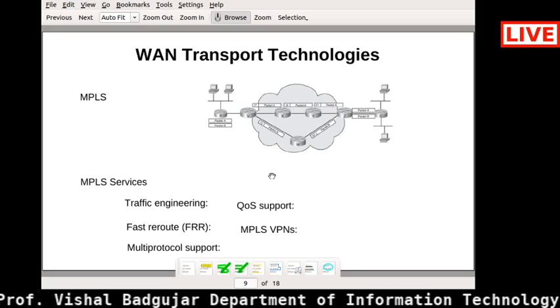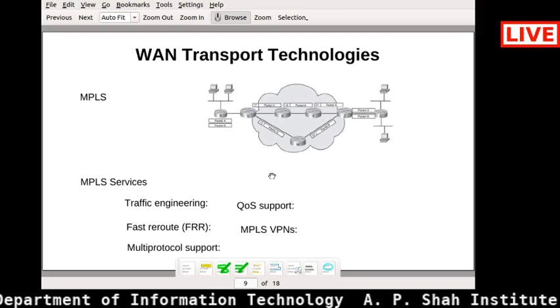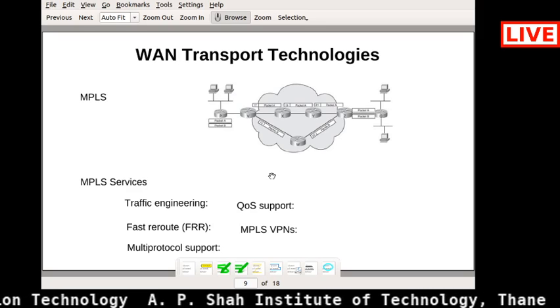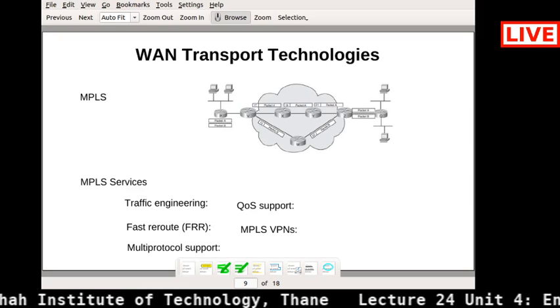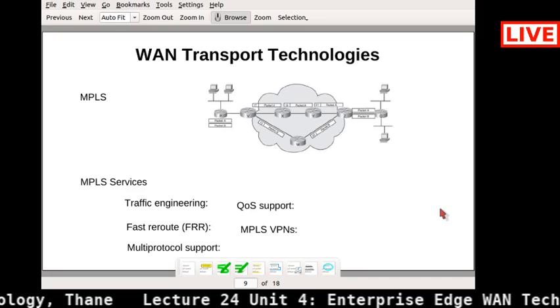It enables VPNs, end-to-end QoS, IPsec and all those things. Whatever we have discussed with respect to frame relay is also supported by MPLS.